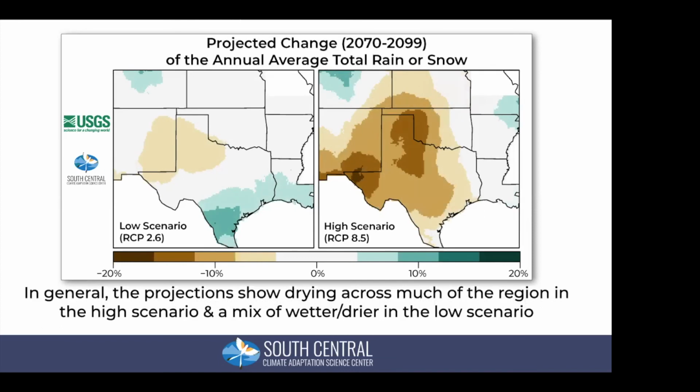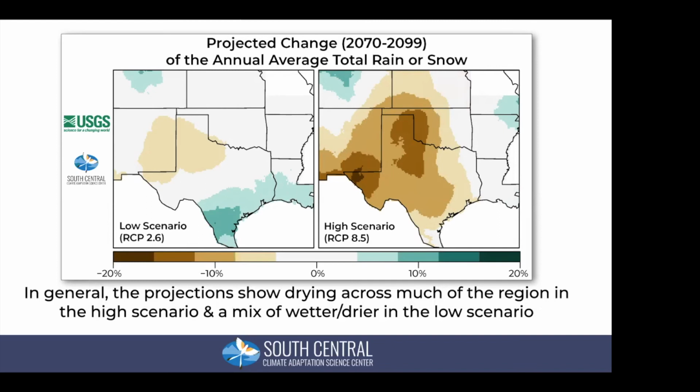Our next map shows the projected change in the annual average number of days with at least 1 millimeter of precipitation. We call these rain days, even if there's snow involved. With the annual precipitation product, all of the rain could have come on a single day.